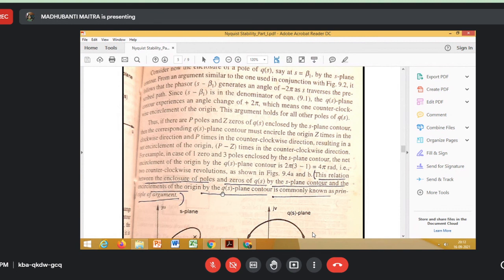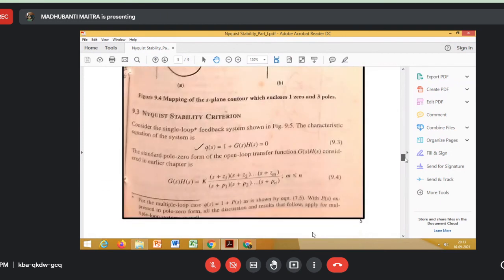And the Nyquist stability criterion completely rests on this principle of argument. Have you understood this? Do you have any question? No, ma'am.